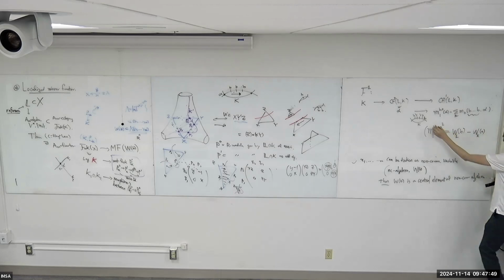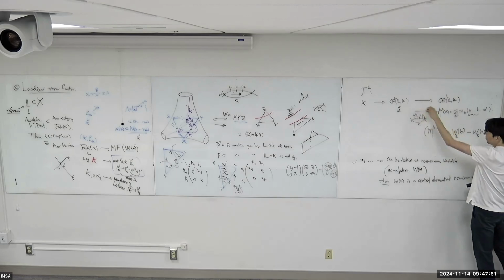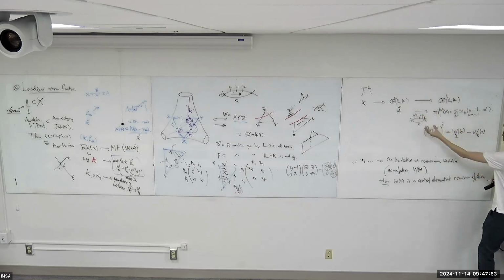So from the upper side, when the disk bubbles up, you get W of B, and when the disk bubbles up in the K direction, you have W_K of 0. Let's say this is 0. Let's say K does not bound any disk.